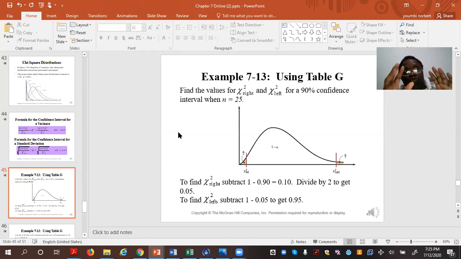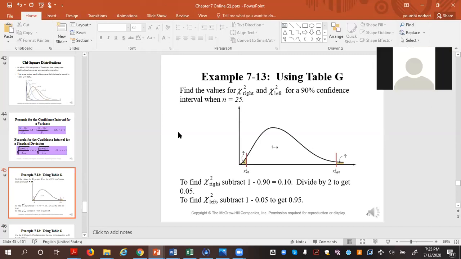If you divide that by 2, you have 5%. 5% is 5 divided by 100, which is 0.05. And 1 minus 0.05 is 0.95. That is the work to do with the chi-square distribution to get those two numbers. 0.05 is half of what will complete it to make 100. Subtract it from 100 to get 0.95.